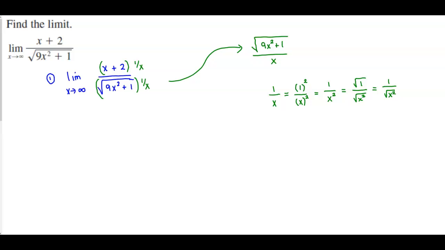So technically, we can say that 1 over x is also equal to 1 over the square root of x squared.